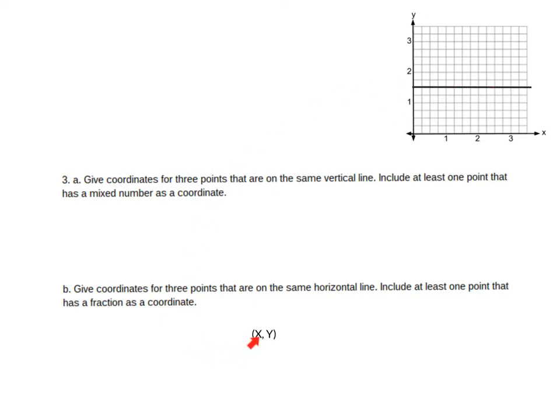We know that the x had to be the same to make a vertical line. To make a horizontal line, the y has to be the same. So say if this is 1, 1, it'll be 2, 1, 2.5, 1. The y always has to be the same. So you can check yours to make sure for a horizontal line, the y-coordinate is the same. For a vertical line, the x-coordinate stays the same.